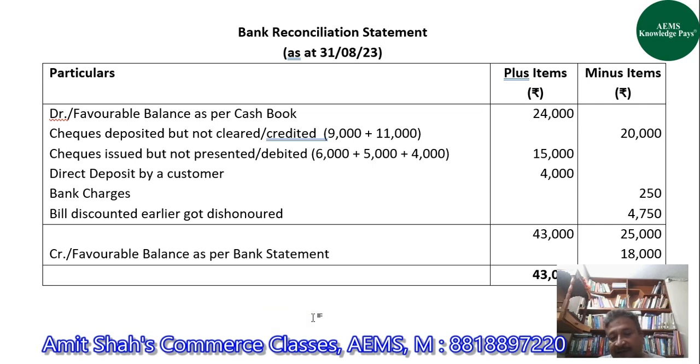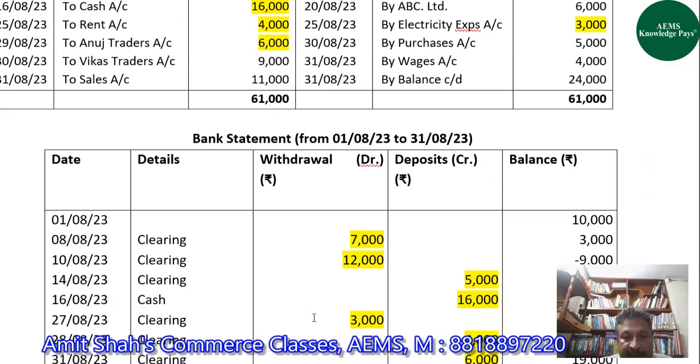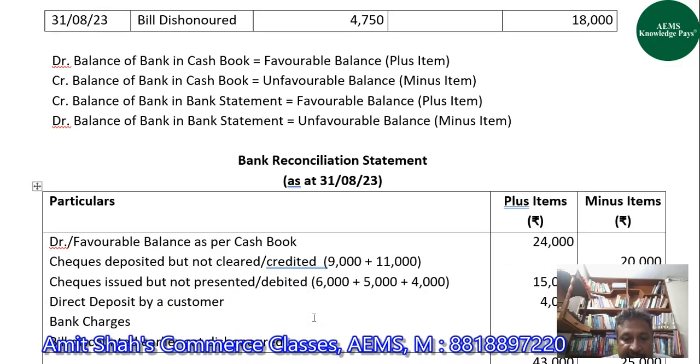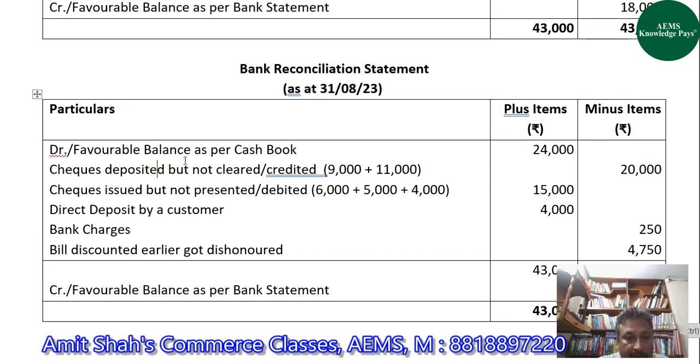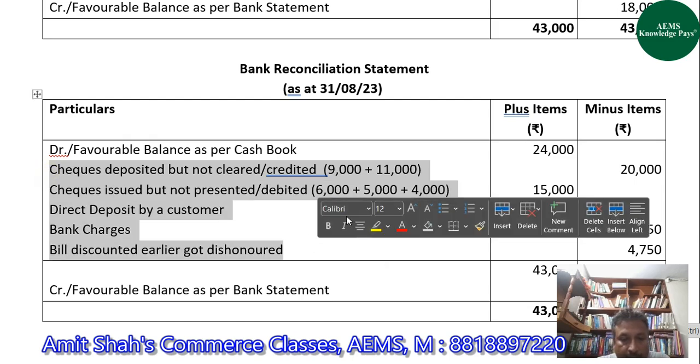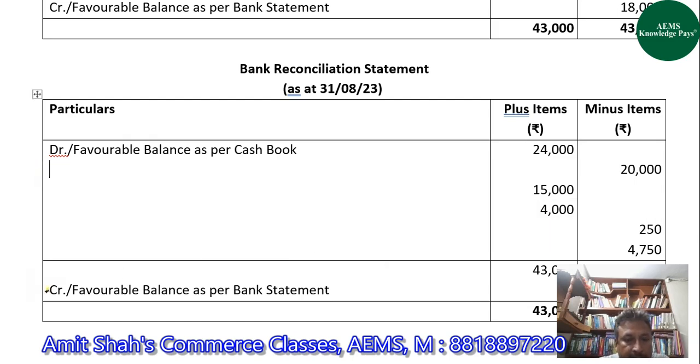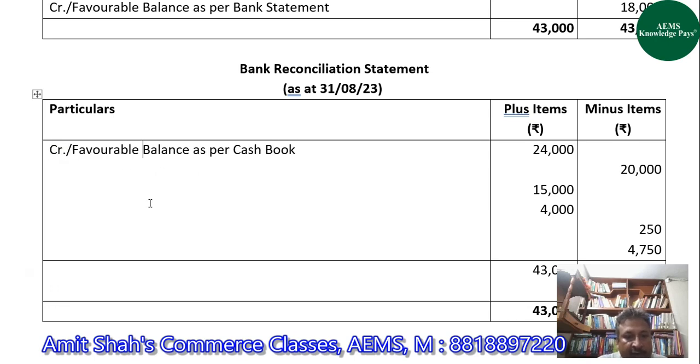So guys, if we make the same BRS, the BRS for the same question or for the same cash book and bank statement, starting from bank statement balance or passbook balance, then here we will write credit or favorable balance as per passbook or bank statement.